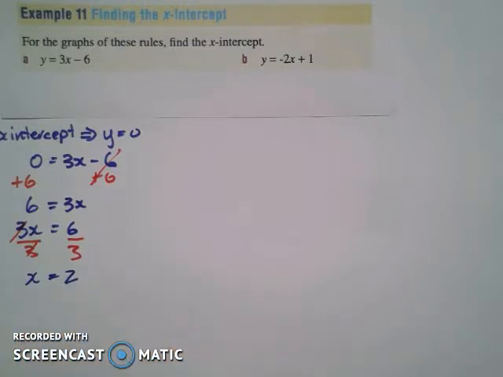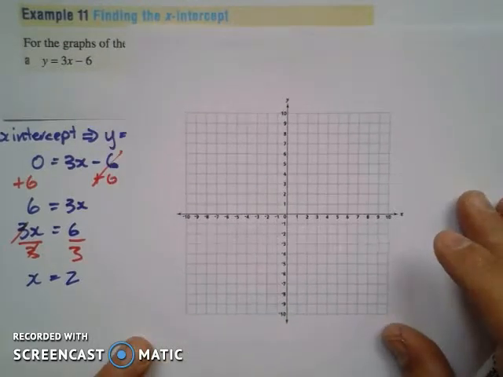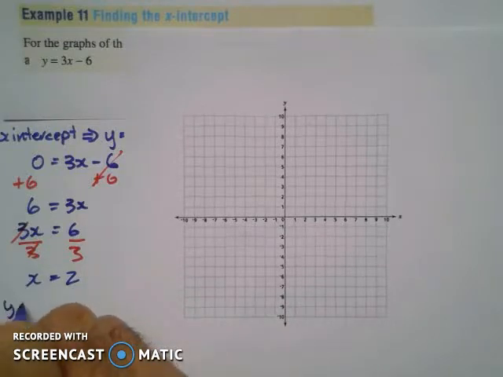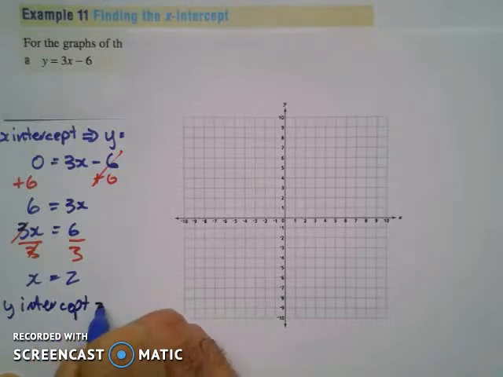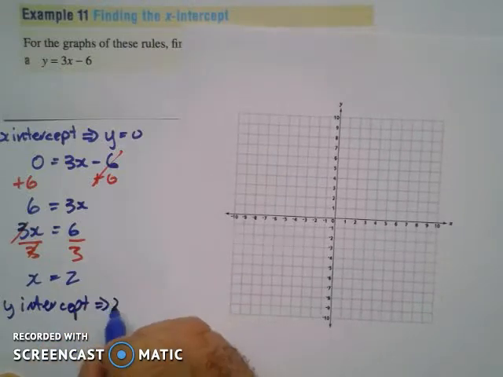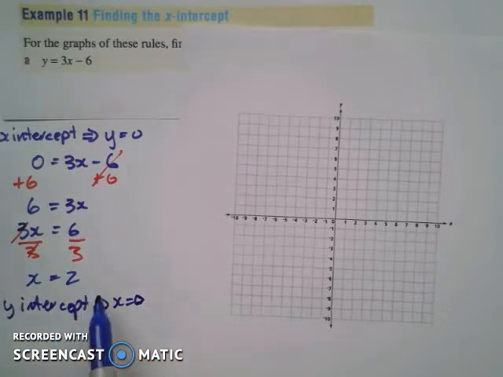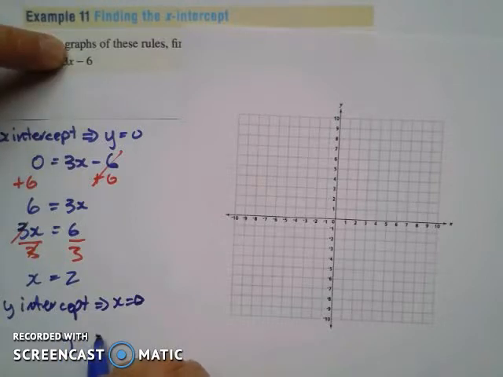If I wanted to draw the graph of this, the easiest way would be the following. Here's my graph. What is my y-intercept? My y-intercept is where x equals 0, and I know that is also my c value, which means y equals negative 6.